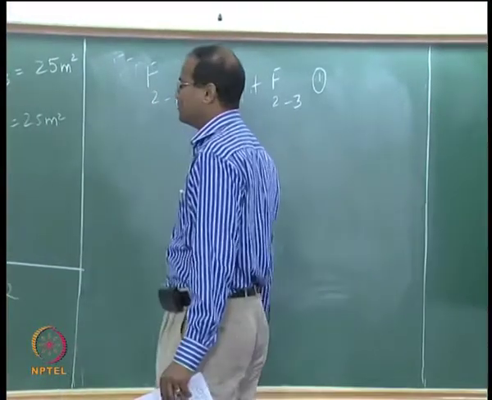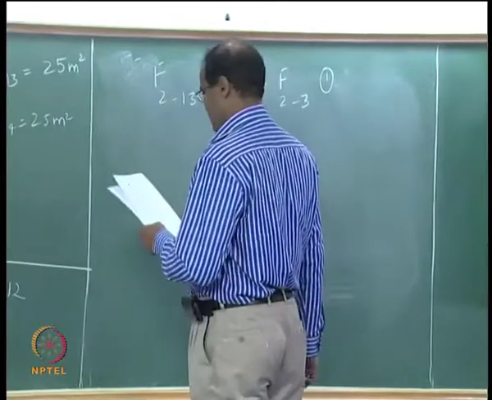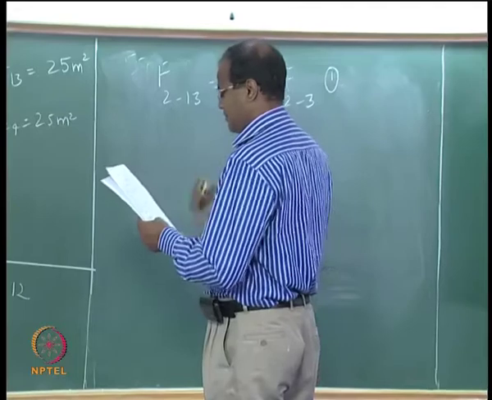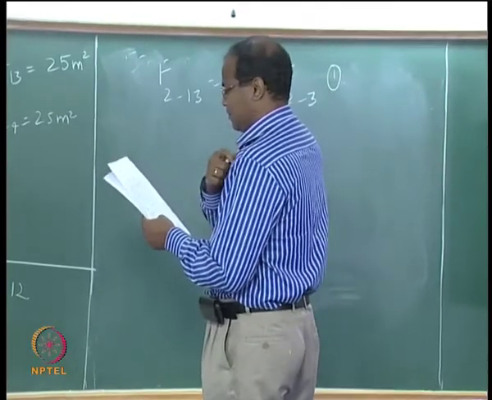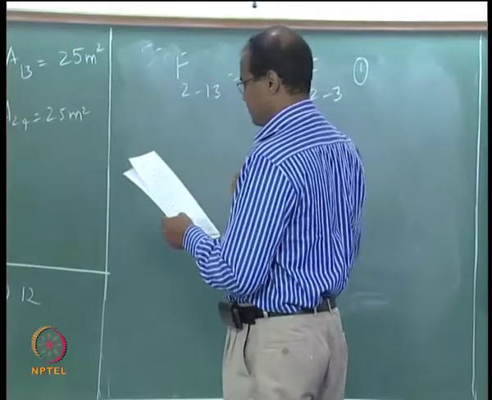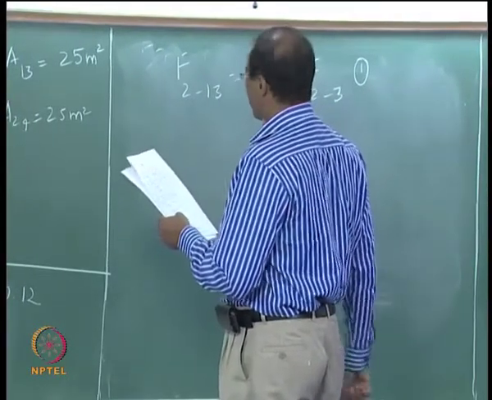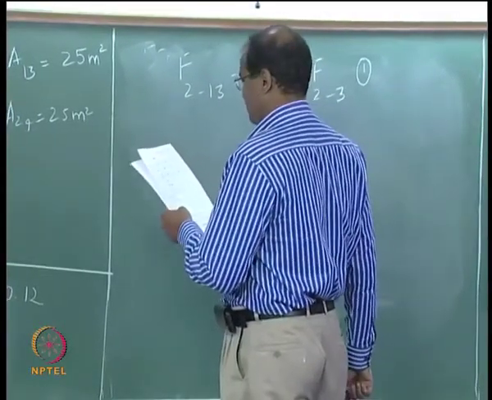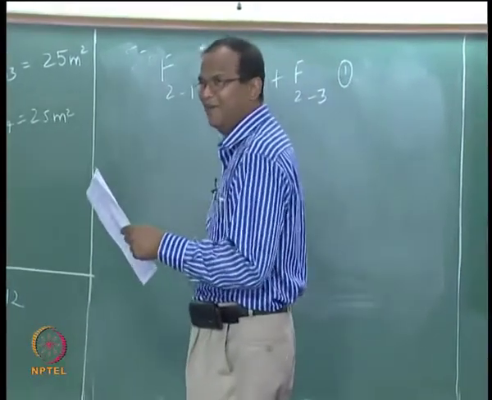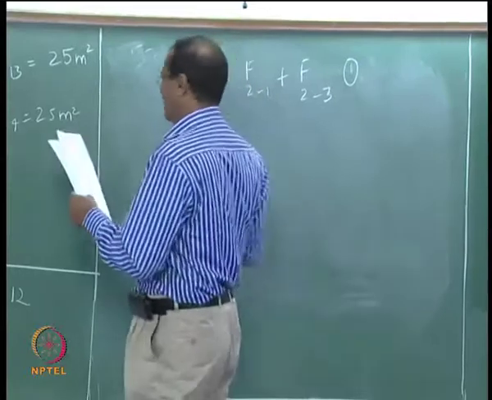F2213, we can't get, okay. No problem. F1322 also we cannot get, okay, no problem. What did I do? F1324, no, let it be like that. We can't do anything with that, okay.